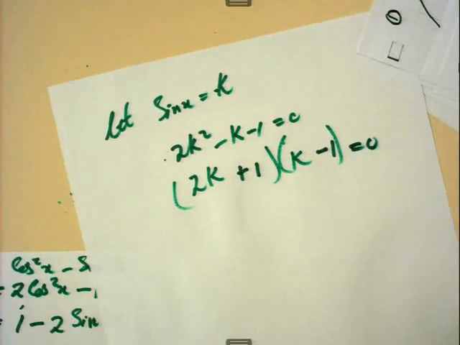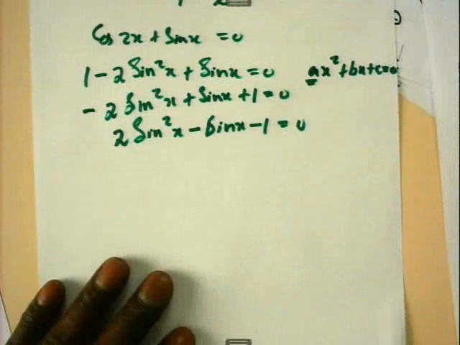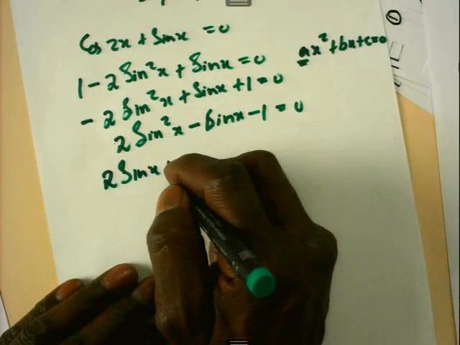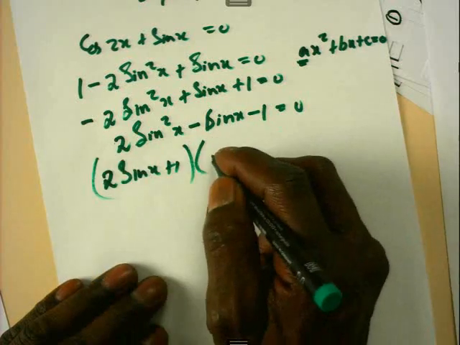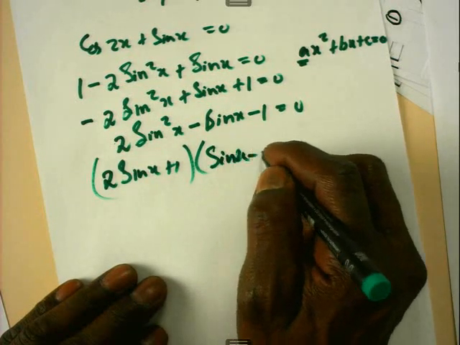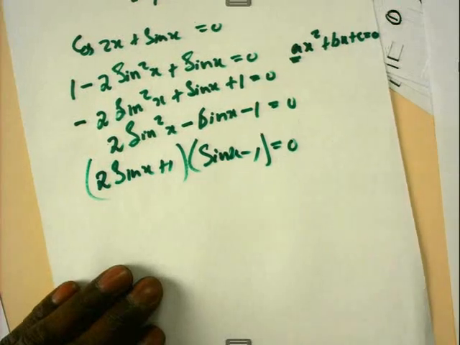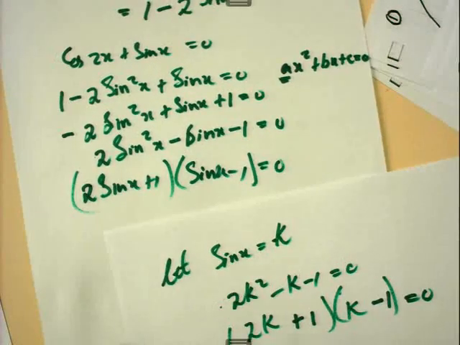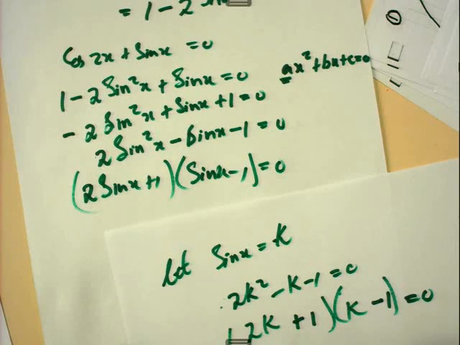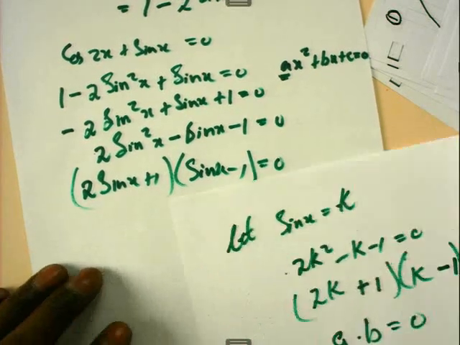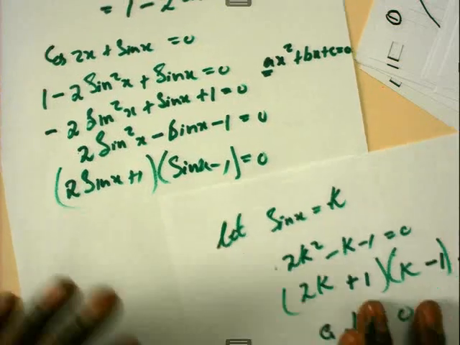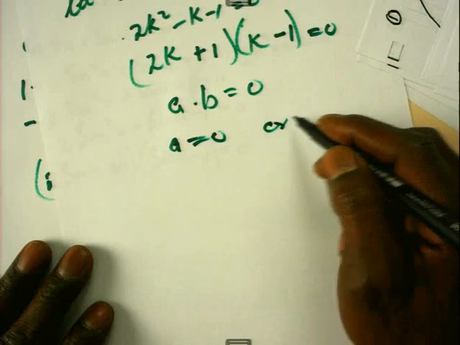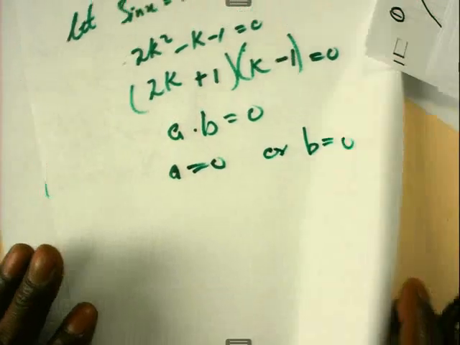So I factorize that, inviting my algebra, so I'll have 2 sine x plus 1 into sine x minus 1 is equal to 0. Then I'm having my format as a times b is equal to 0. Remember, in algebra, for a times b to be equal to 0, either a is equal to 0 or b is equal to 0.